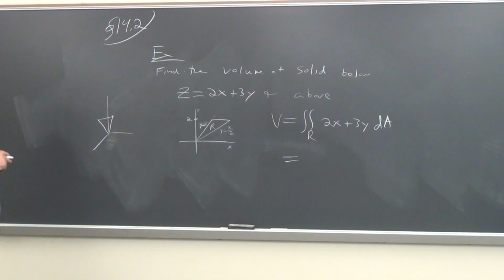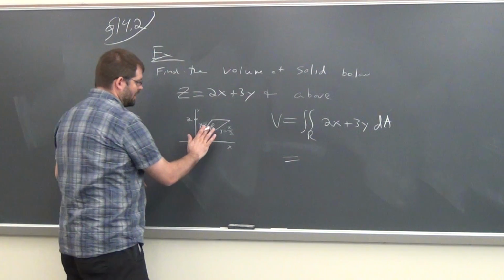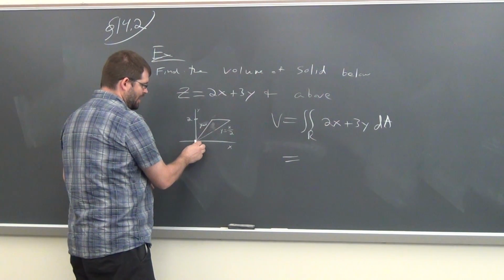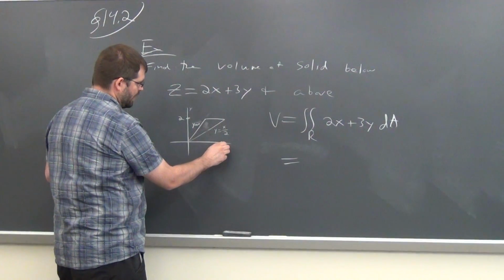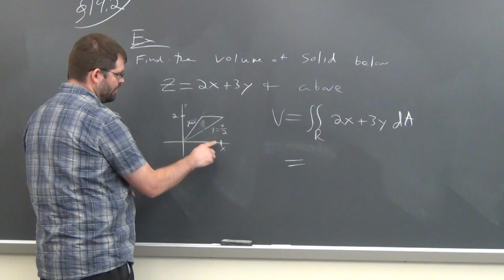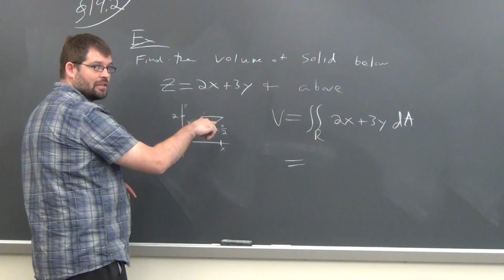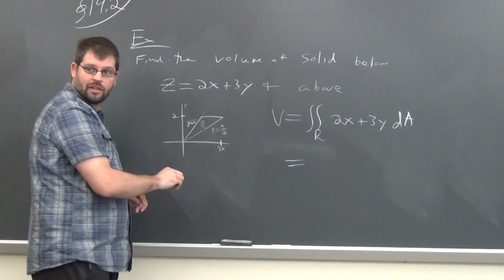So let's look at this. If we're going to do dy then dx, x would go from 0 till, where's this? x over 2 equals 2, so that's 4. That make sense?